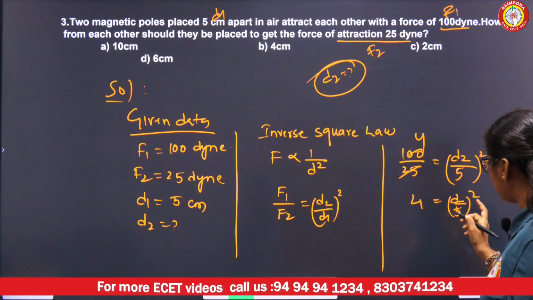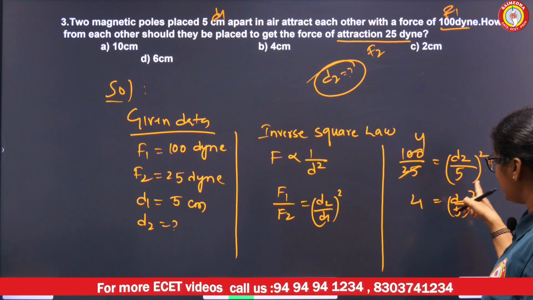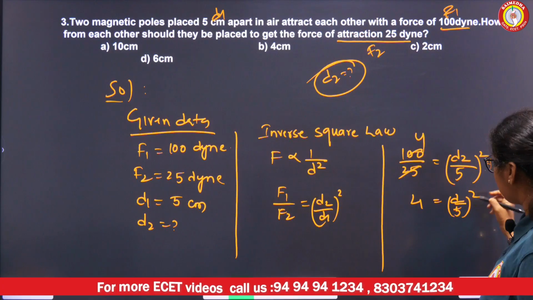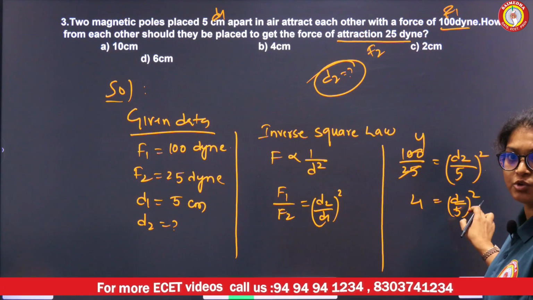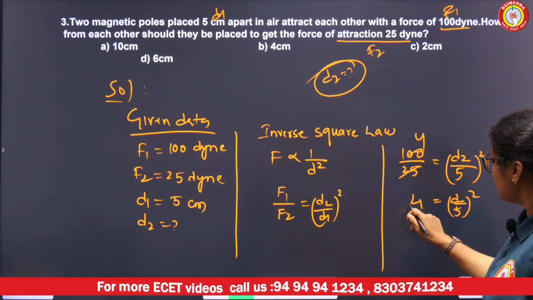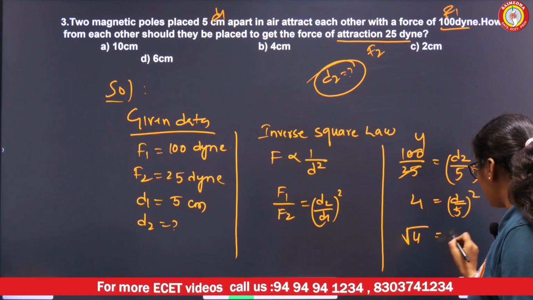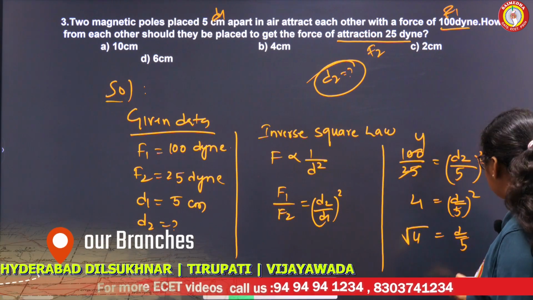Here don't do it like d square by 25 again 4. Simply, if we want to remove the square, definitely the 4 should have a square root. Yes or not? Yes.